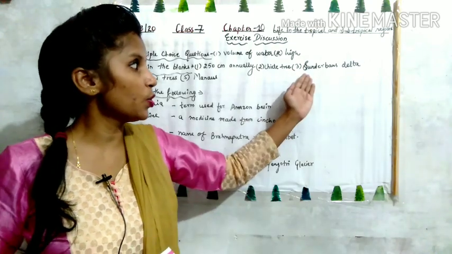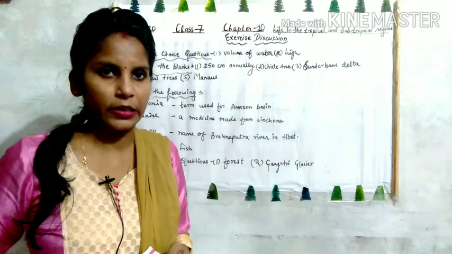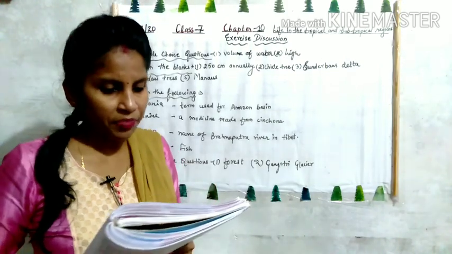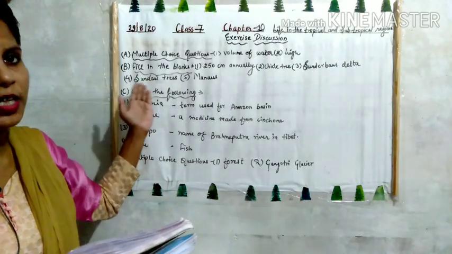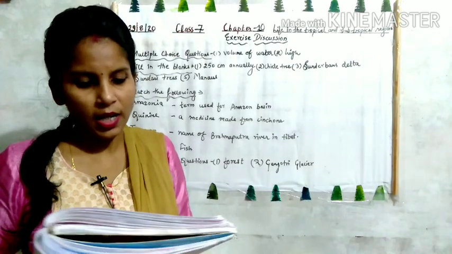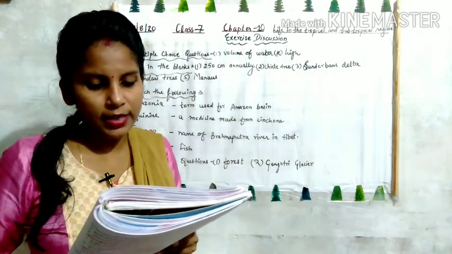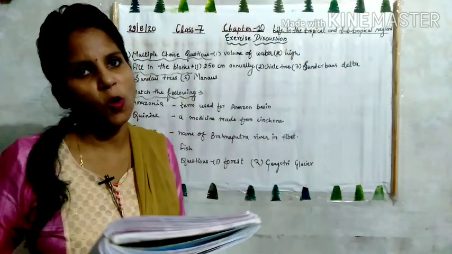So the answer is Sundarbans delta or Ganga Brahmaputra delta, any delta. Then fourth, Sundarbans got its name from Sundari trees. Then fifth one, dash is a major rubber collecting center in Amazon basin. So the right answer is Manaus.